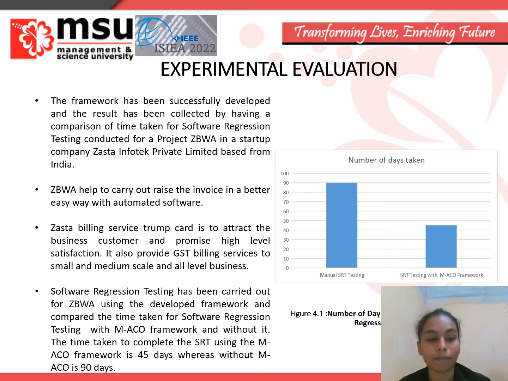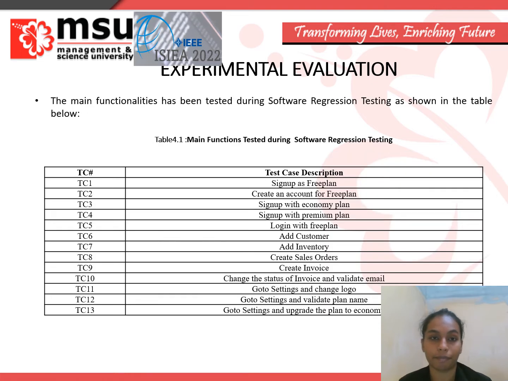The time taken to complete the software regression testing using the m-ACO framework is 45 days, whereas without m-ACO it is 90 days. It can be seen in this graph, where manual software regression testing took about 90 days and software regression testing with the m-ACO framework only took about 45 days.